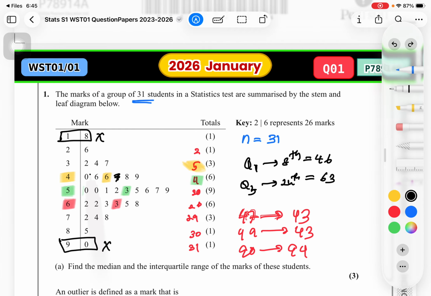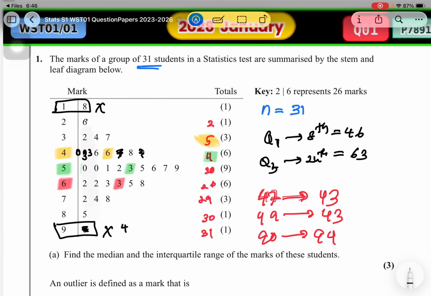Now the 16th term. 1, 2, 3, 4, 5, 6, 7, 8, 9, 10, 11, 12, 13, 14, 15, 16. Luckily 16 didn't change. It just remains as 53. But it's always good to check.